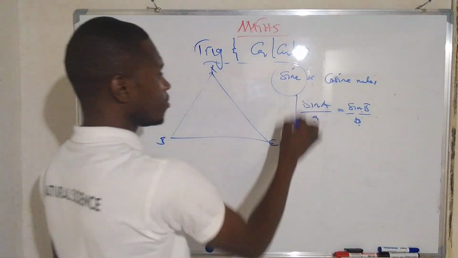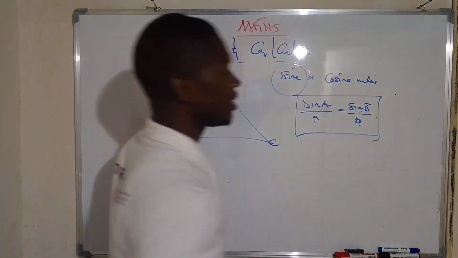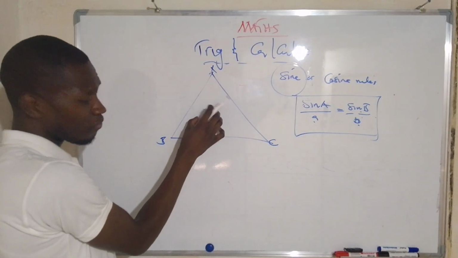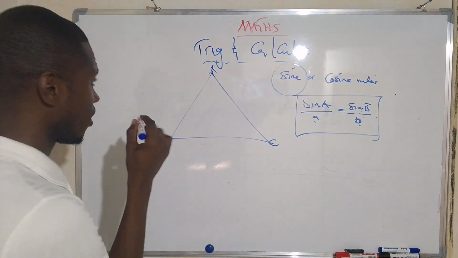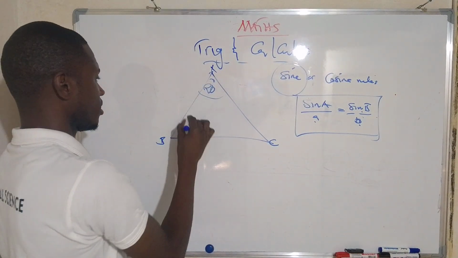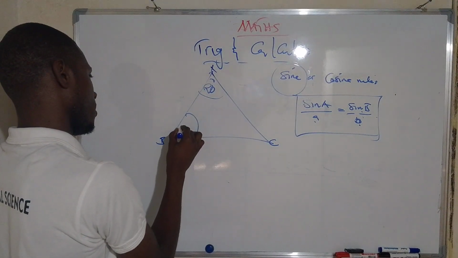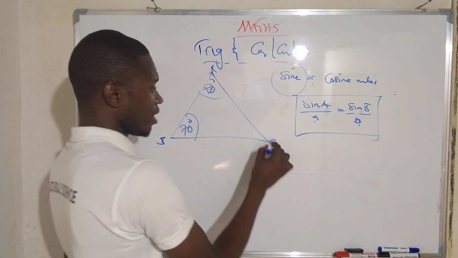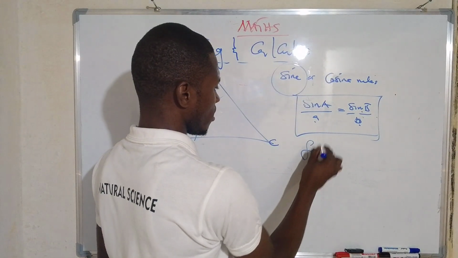But they don't bring it as simple as you are seeing it. They try by all means to confuse you looking at the diagram. So let's say I have 20 degrees, then I have 70 degrees.